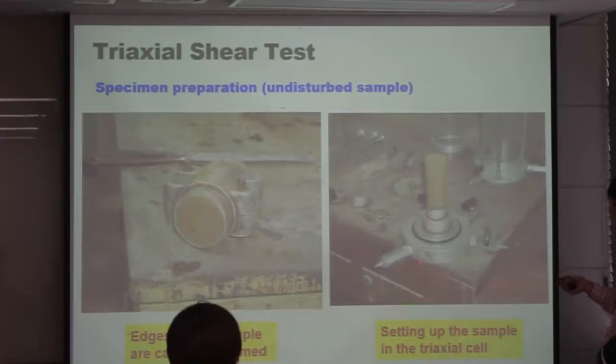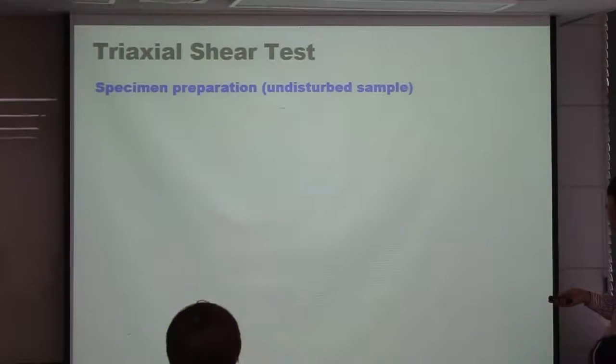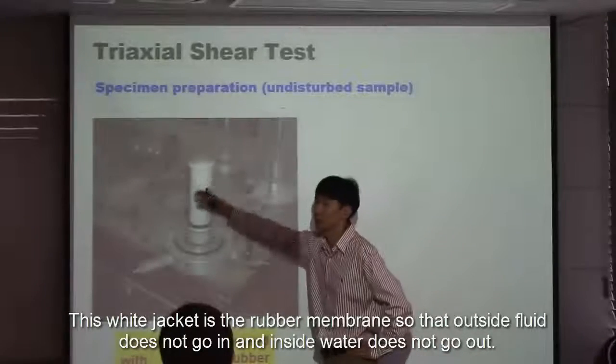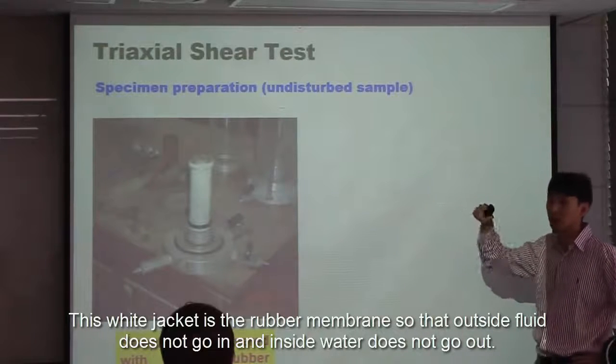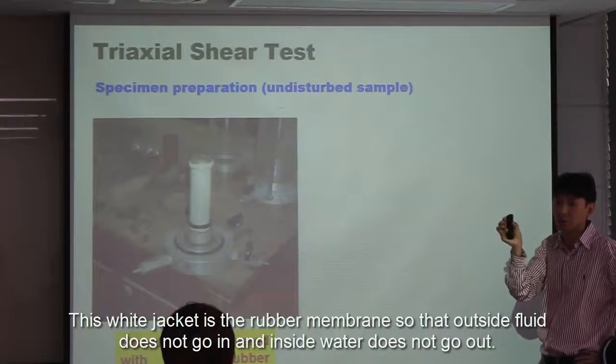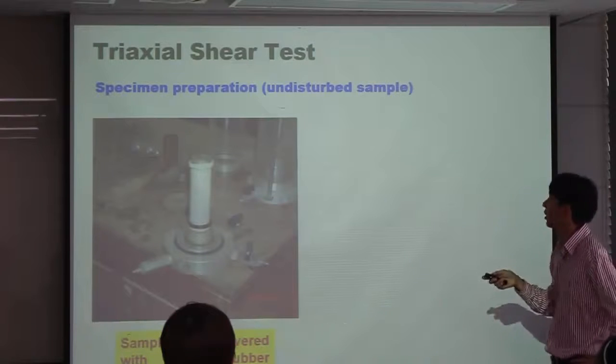And set up the sample in the triaxial cell and put the membrane on it. So this white jacket is the rubber membrane, so that the outside fluid cannot go in and the inside water or the gas cannot go outside.